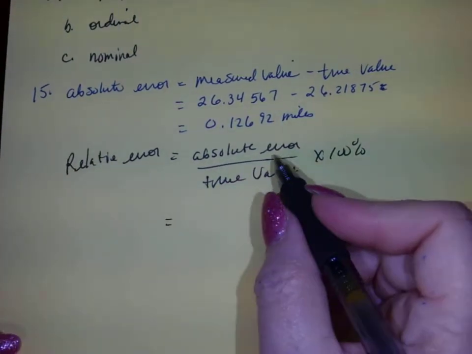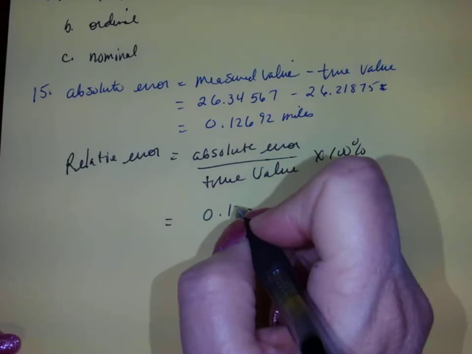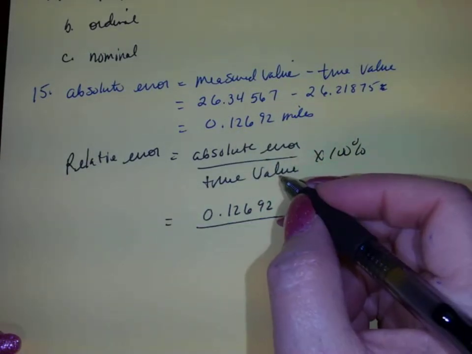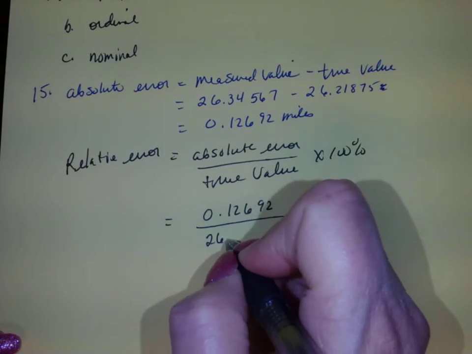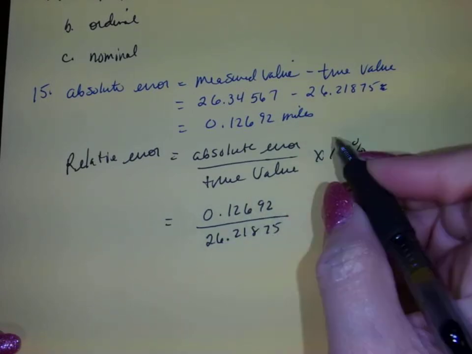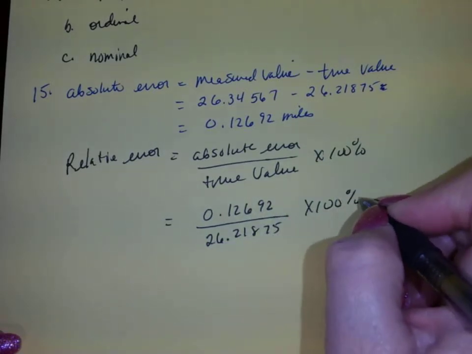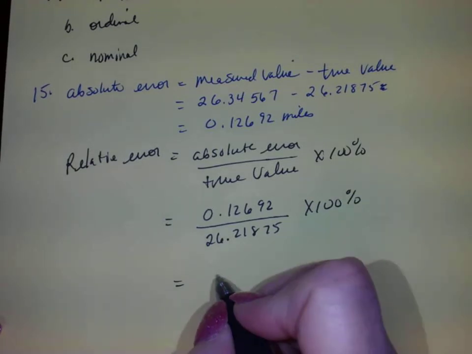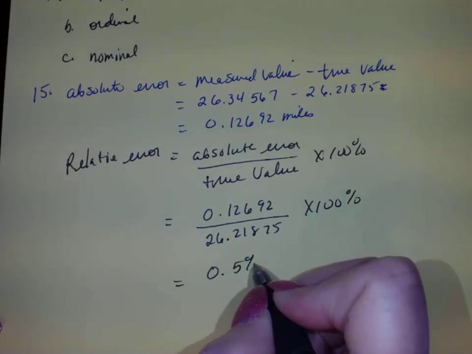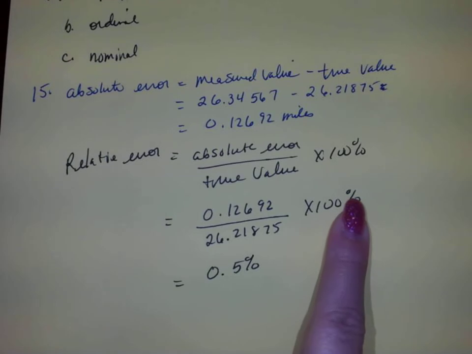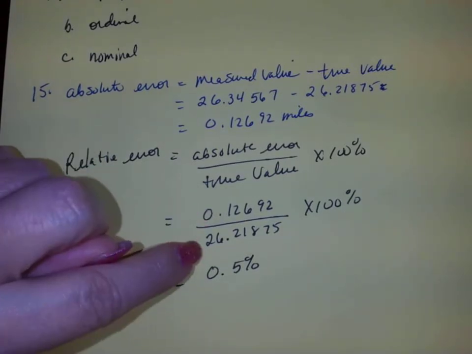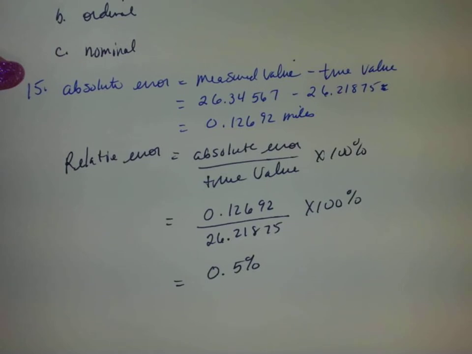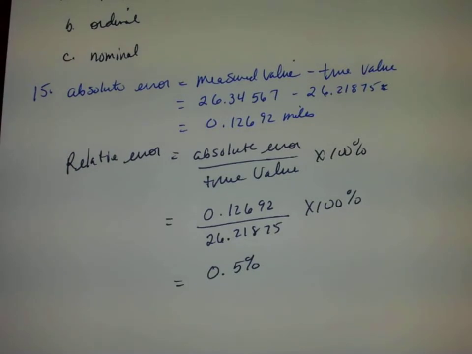In this case, our absolute error, we already know that, 0.12692, over our true value, which is 26.21875, and we'll need to multiply that by 100%. When we do that, we're going to get 0.5%. We're not going to put the percent sign in the calculator. We will take this, divide it by that, and multiply it by 100. Okay? All right. So that was number 15.